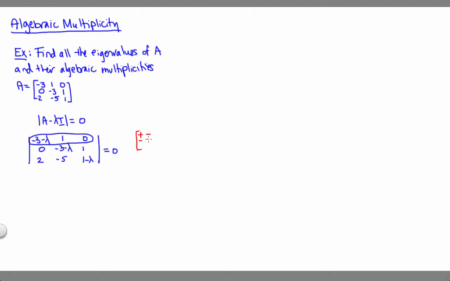As you move down or to the right, you've got sign changes. Our cofactor expansion looks like minus 3 minus lambda times the following 2 by 2 determinant. We're just imagining crossing out that first row and that first column.